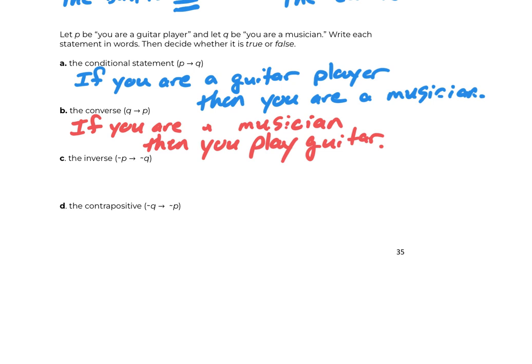The third statement is what we call the inverse. The inverse is not P implies not Q. So we're going to go back to our original conditional statement, and we're going to insert the word not in here.